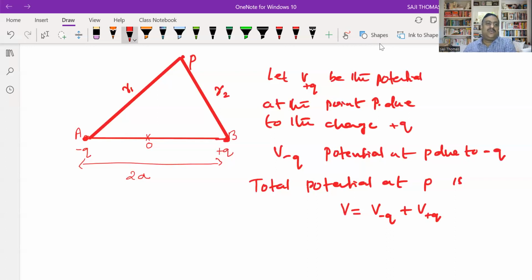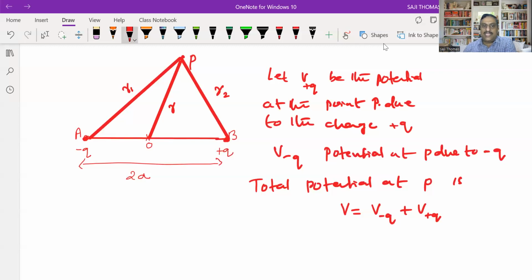Now you see the diagram. I am joining the point O. O is the midpoint of the dipole. O to the point P I am joining. This distance OP I take as R. We have to make some assumptions in this question.